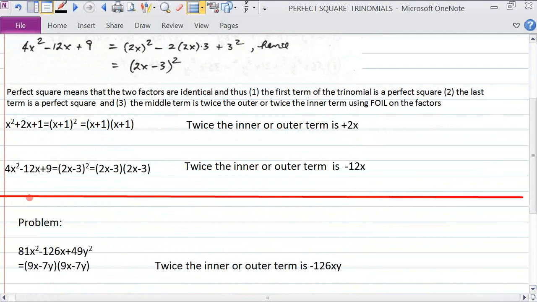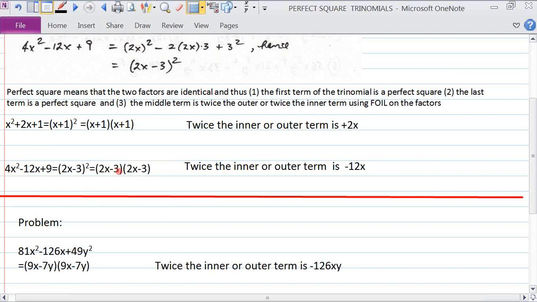So let's go over here. 4x squared minus 12x plus 9, which is this part over here. I'm just going to redo it, is really 2x minus 3 all squared. So it's a perfect square, which means that I multiply 2x minus 3 by 2x minus 3. Now, if I multiply using FOIL, 2x times 2x, I get the 4x squared.